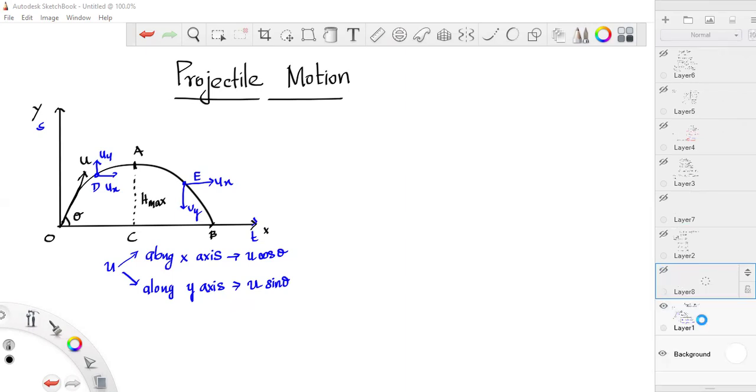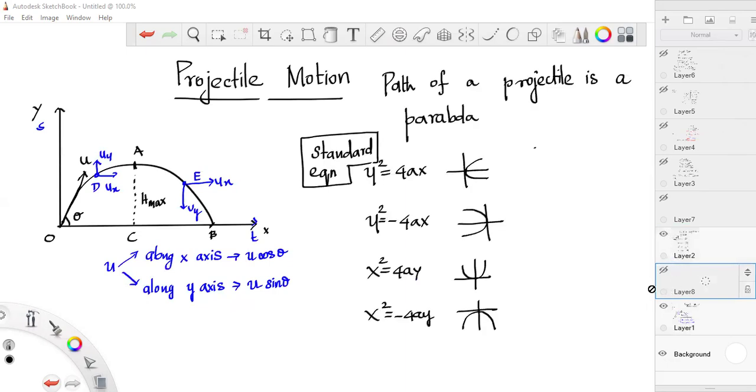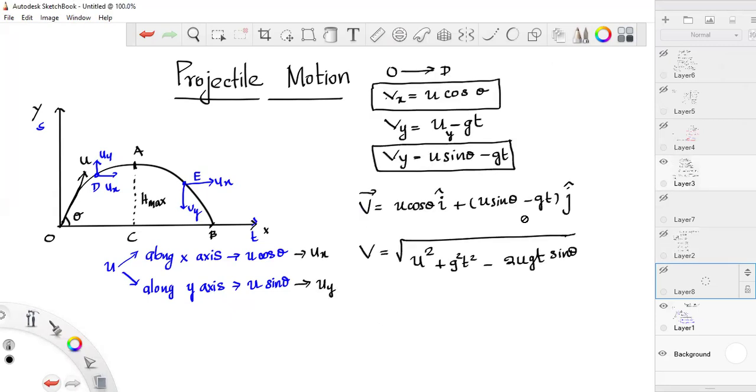So this is your first one. We saw the diagram. Then the different kinds of parabola we saw initially. Then we found the two velocities, vertical velocity and horizontal velocity at a particular point, and we wrote the vector equation of it, and at the same time we wrote the formula for the magnitude of the velocity at a point.